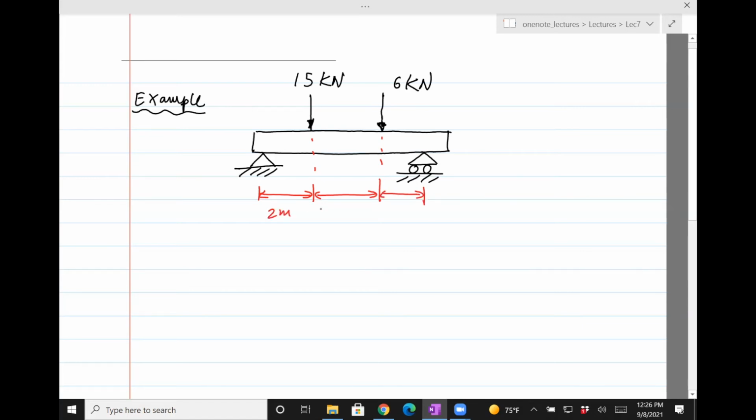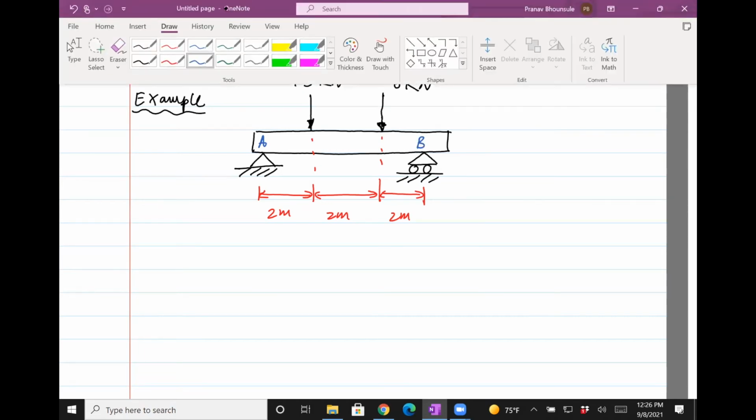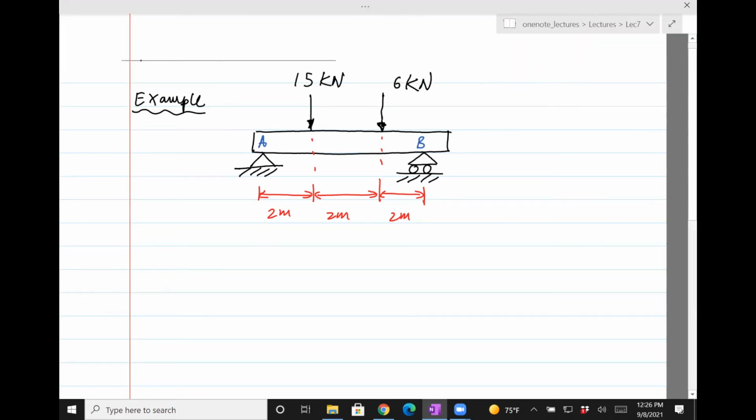This is 2 meters, 2 meters, 2 meters. Let's give it names. Let's call this point A, this point B. And then the question is, draw the shear force and bending moment diagram.